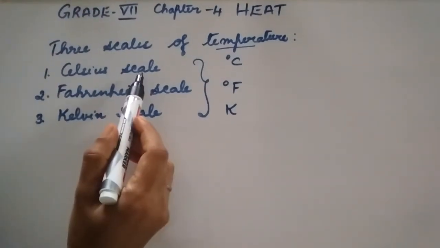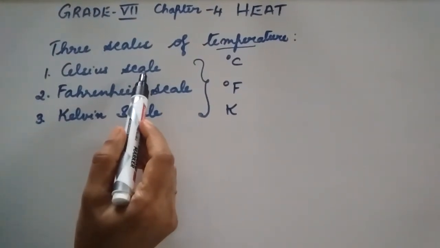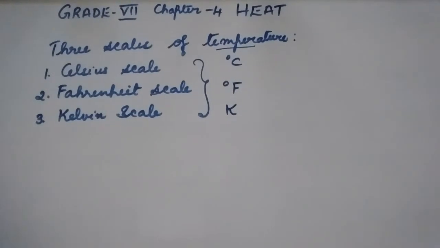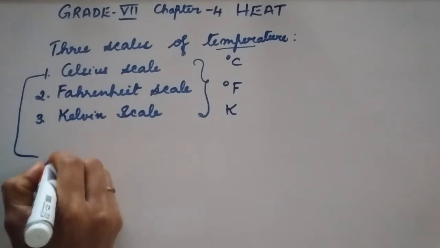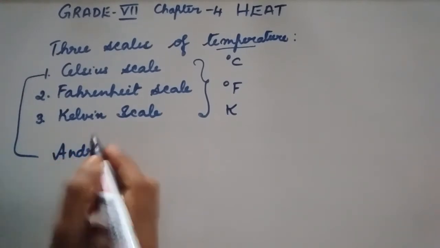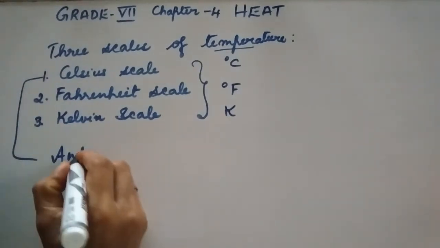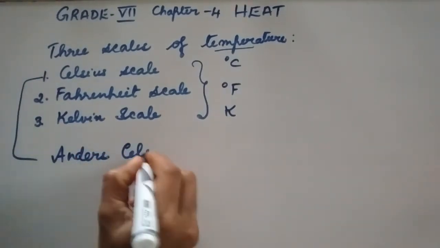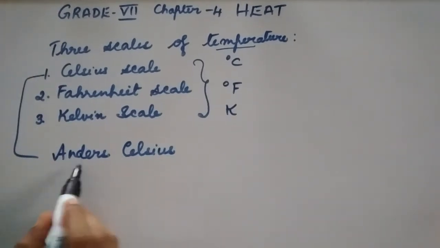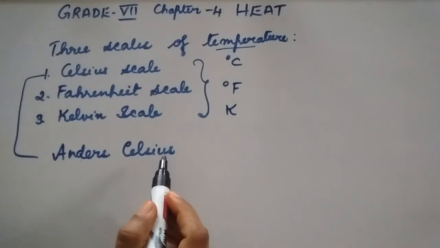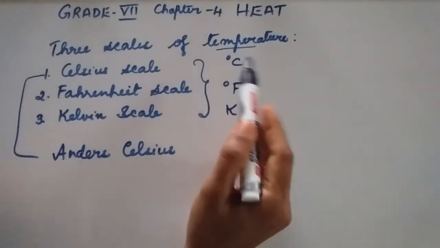Celsius scale is the most commonly used scale for measuring the temperature, and this scale was developed by Anders Celsius. And I told you these scales of temperature use two fixed points.